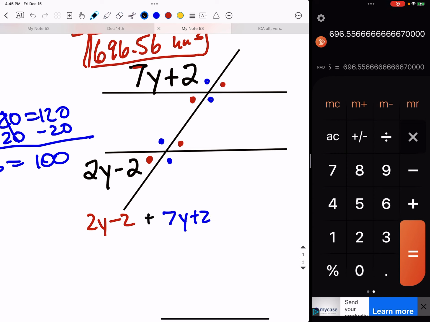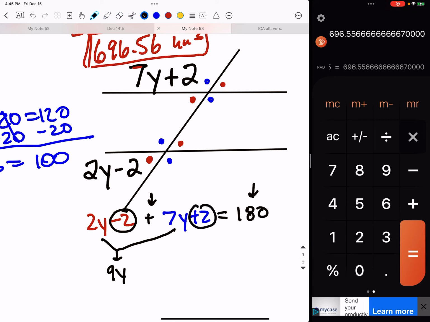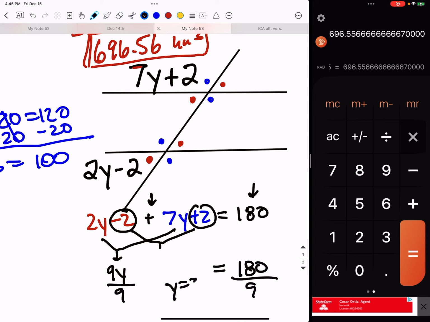If we add them together, now they're a red and a blue, which means they're not the same. They add to 180. So I put a plus in between them and I say they're 180. So now I have to say, what do I really have? I have 2y and 7y, that's 9y. I have -2 and +2. Oh, that's just 0. So those cancel each other out. Equals 180, divide by 9, y equals 20.